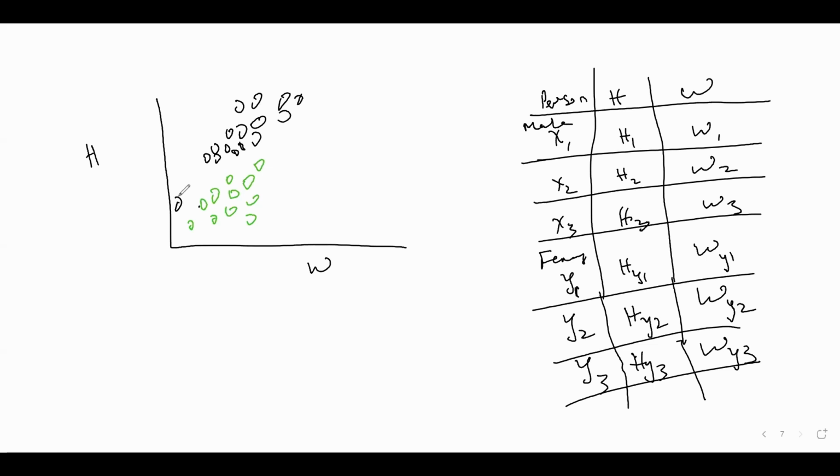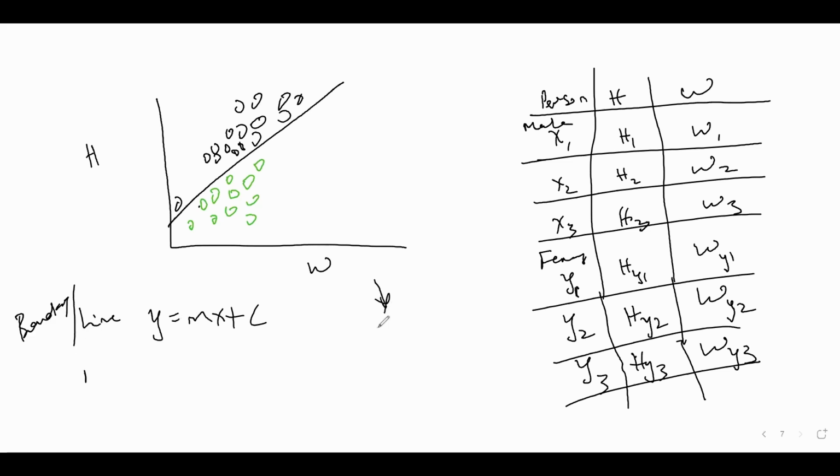So from here, we can come up with an algorithm, and the equation of that line will be y equals mx plus c, and we can now say that this is our decision boundary, our line or boundary.